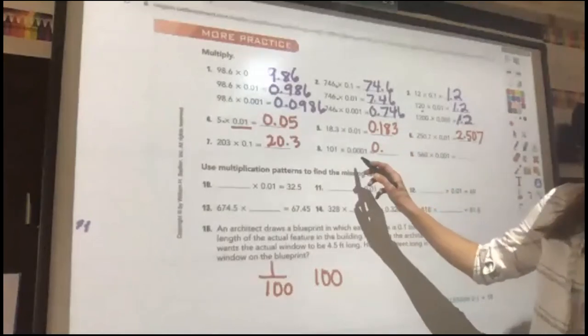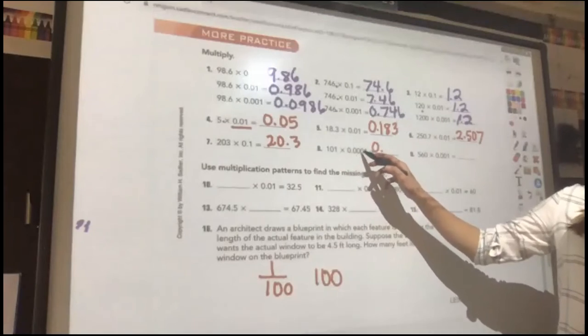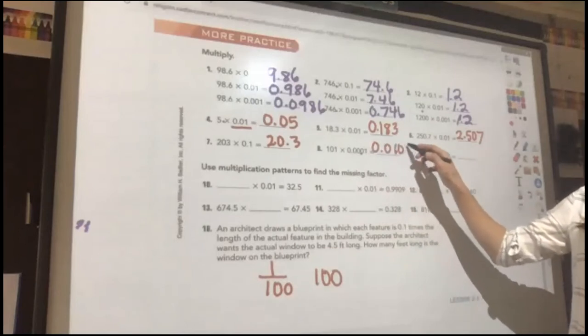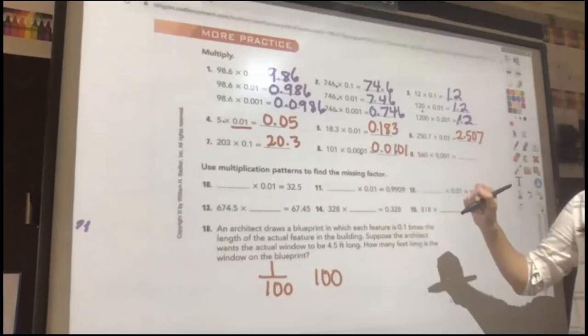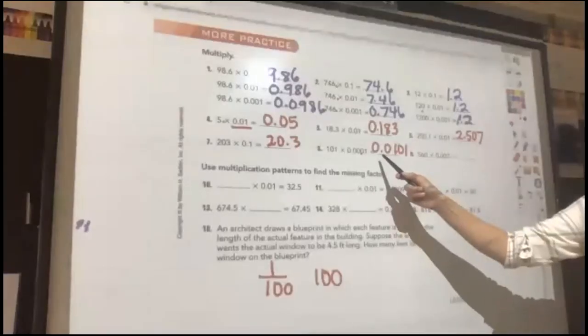Oh boy. What's number 8? How many place value bumps are we going this time? 1, 2, 3, 4. So I only have 3 digits to give. So I have to make sure I have the right amount of spaces that I'm moving, right? Is this correct? Let's see.